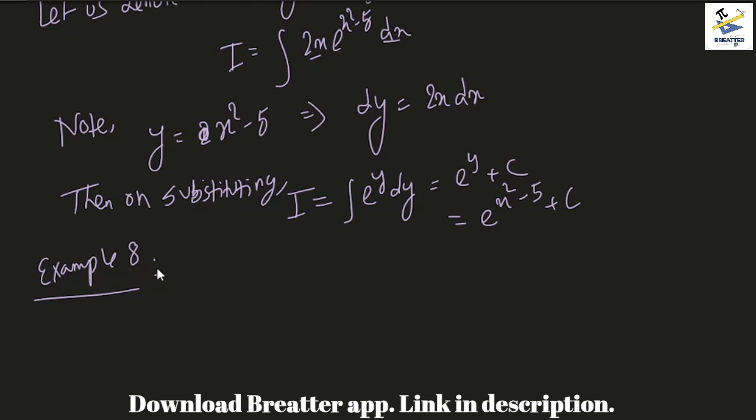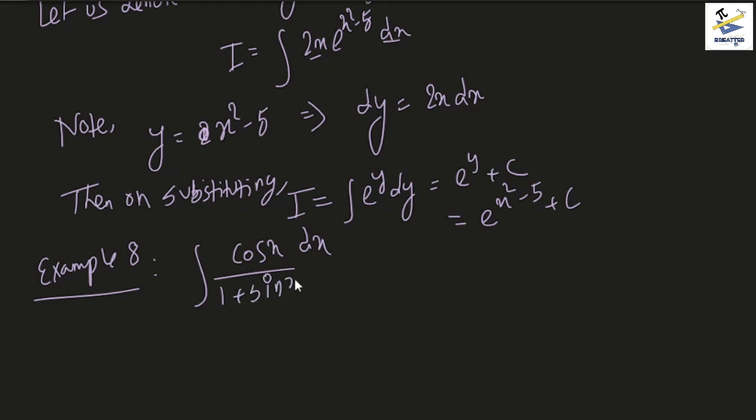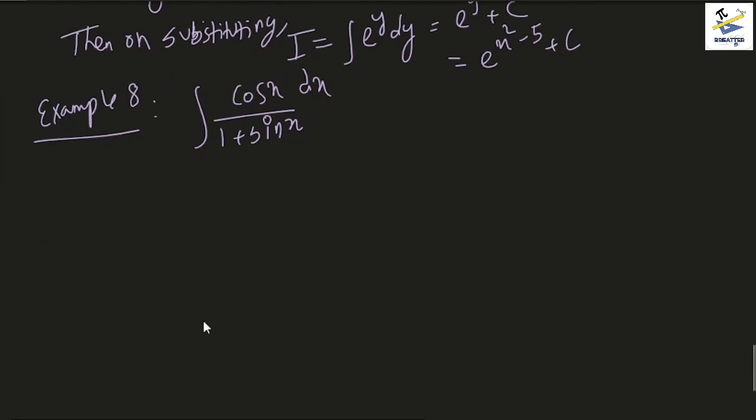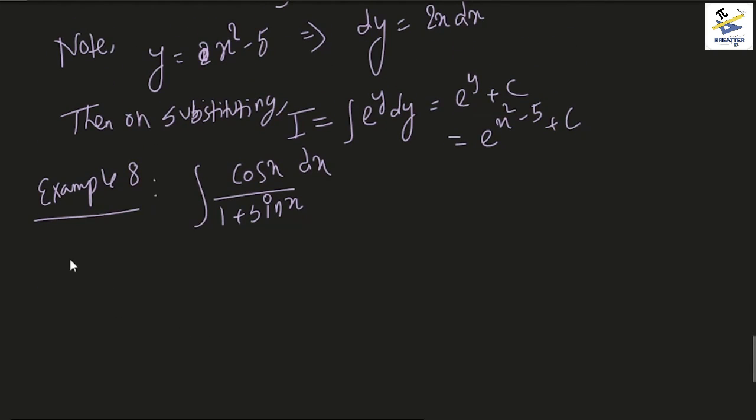example for this video. So let us do this problem where we have the integral of cosine of x dx by 1 plus sine x. So this one looks a bit more tedious than before, but note that d/dx of sine x is just cos x, right? So as we can see, cos x dx is present in the numerator and 1 plus sine x is in the denominator.